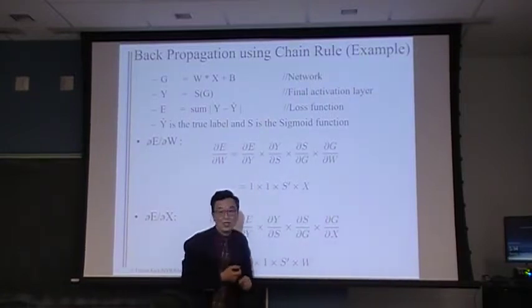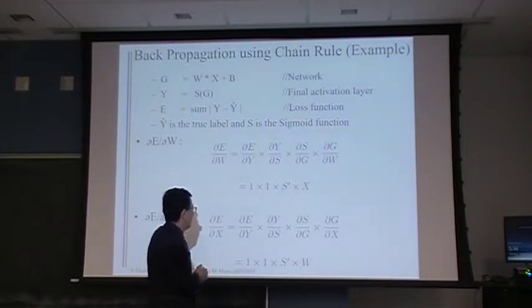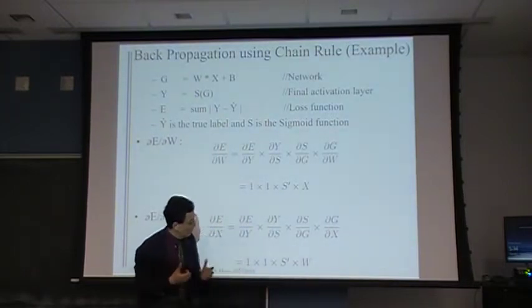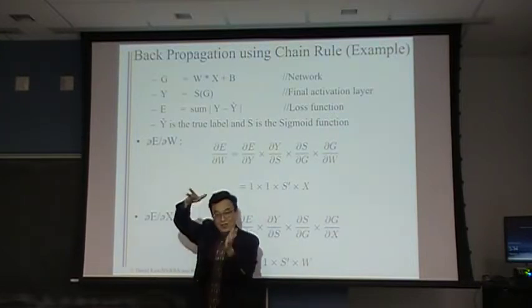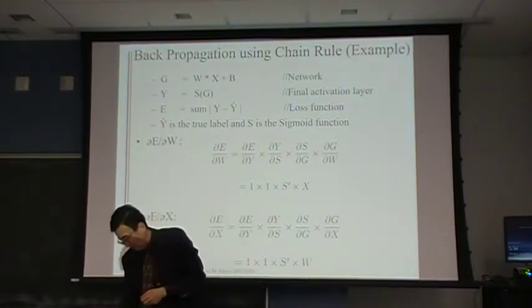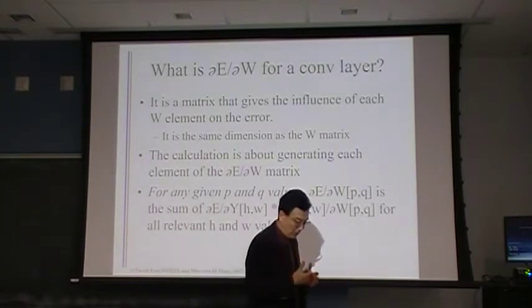So you multiply the whole thing together, you get the answer. Then you take the sigmoid function, do a little bit of differentiation, and I get the value, the answer. So that's where we are.